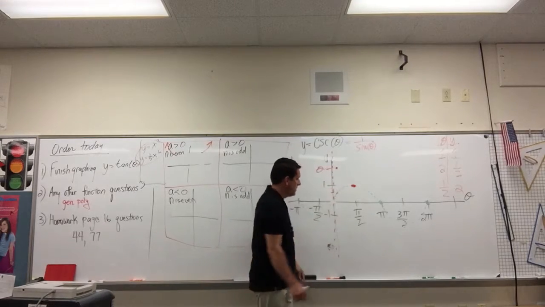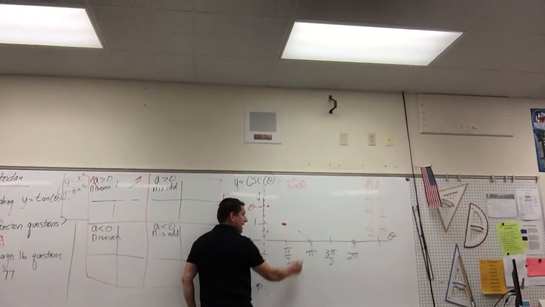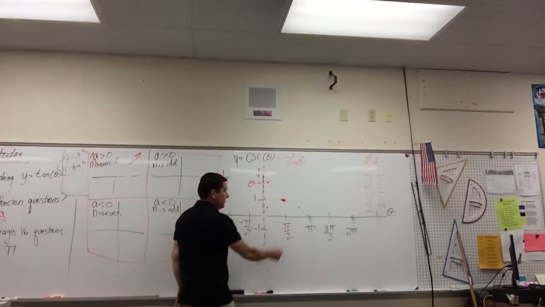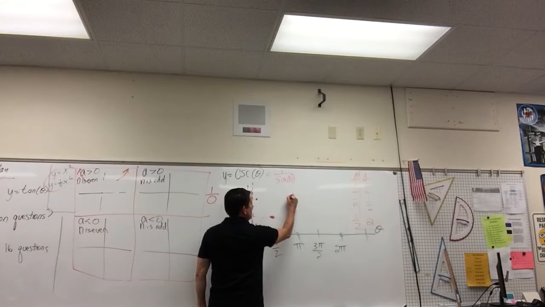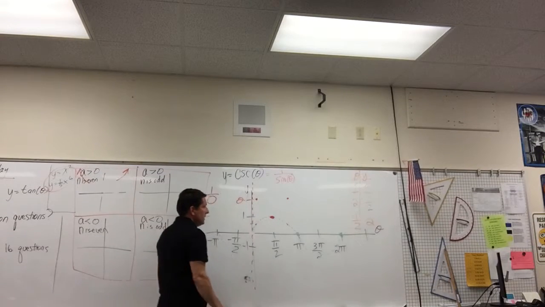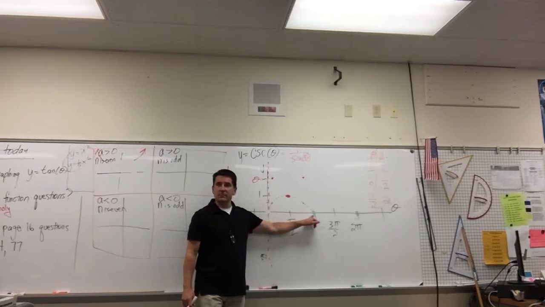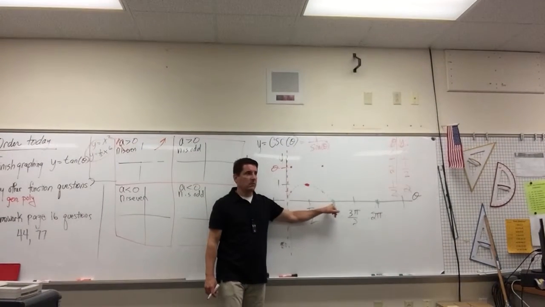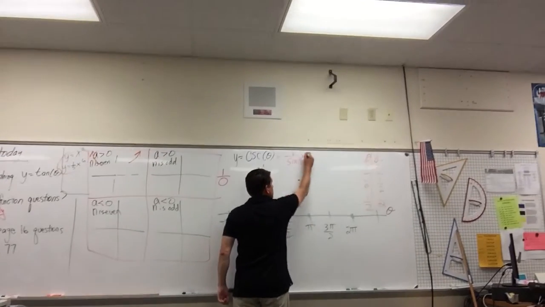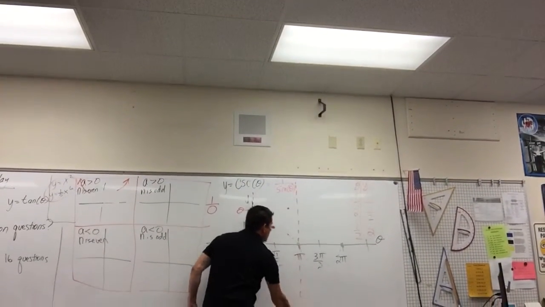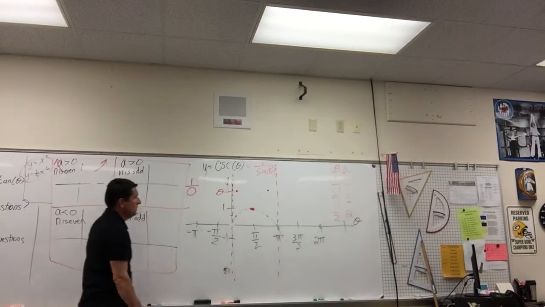Okay, let's just keep on going here. Somewhere over here, I do also have a half. And the reciprocal of the half is a 2. Okay. Reciprocal of 0 again. That one's undefined. Okay.